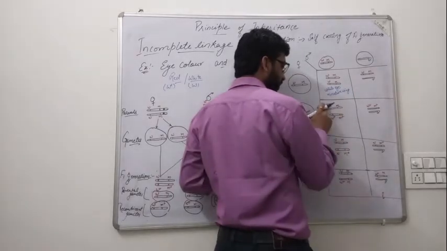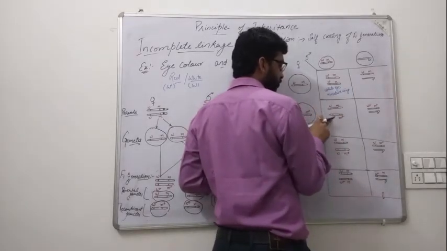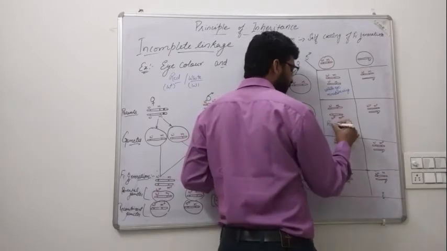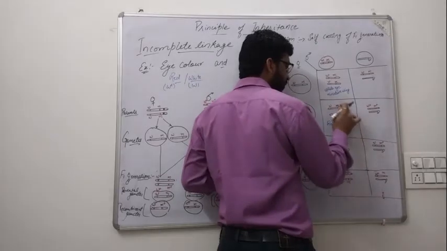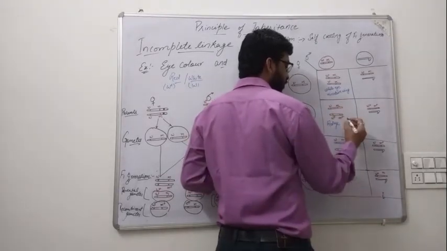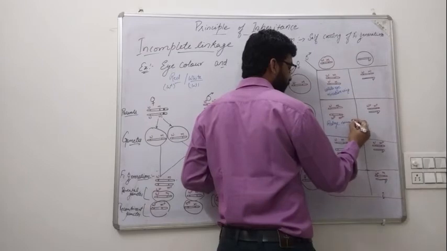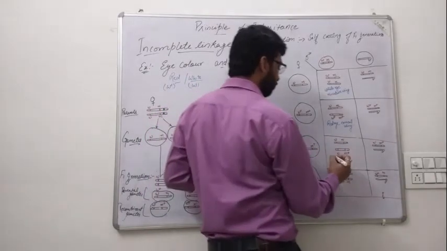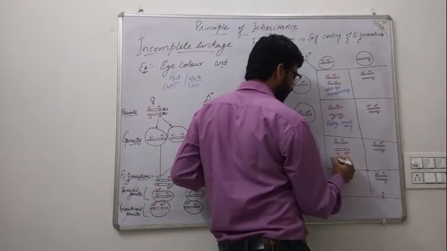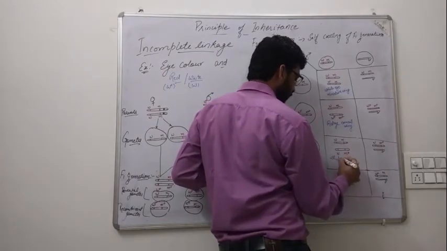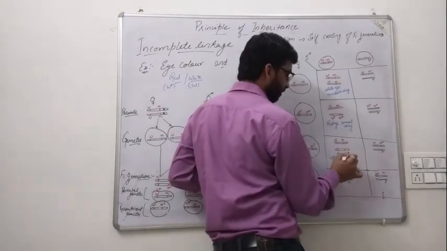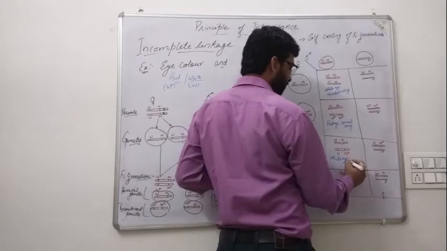In eye color, this one is recessive and this one is dominant, so the phenotype shows the dominant character, red eye, and in both of these it's normal wing. Here both of these are recessive, so the phenotype is white eye, and in both of these the character is dominant, meaning normal wing.